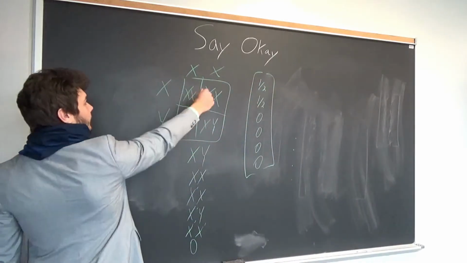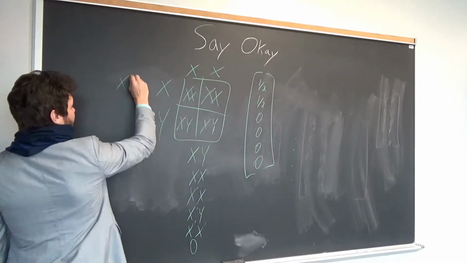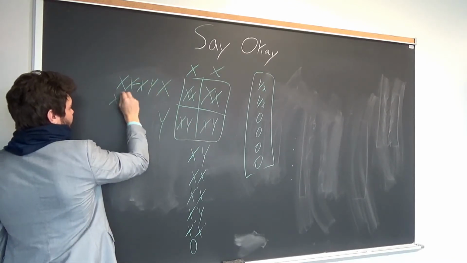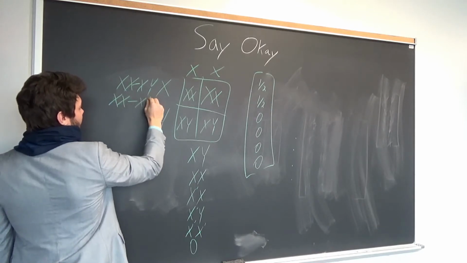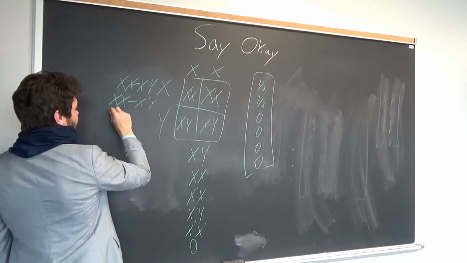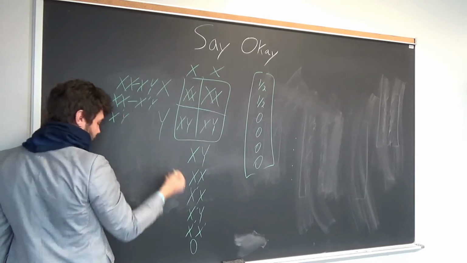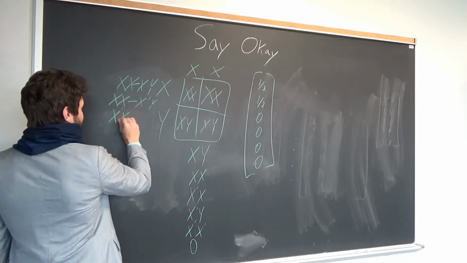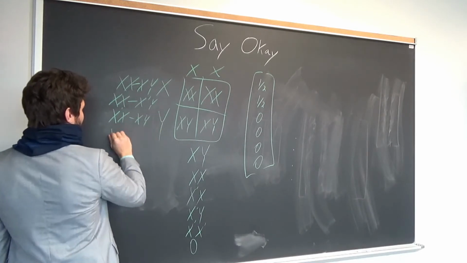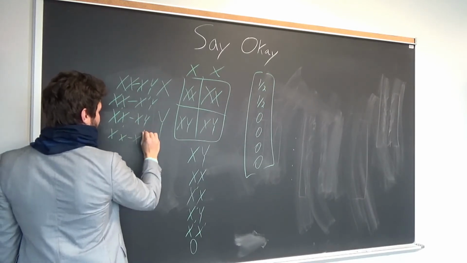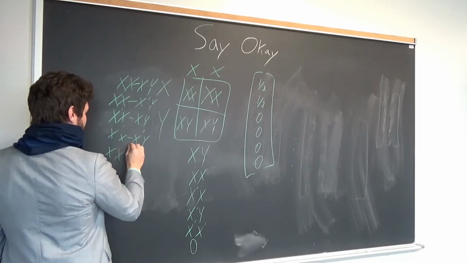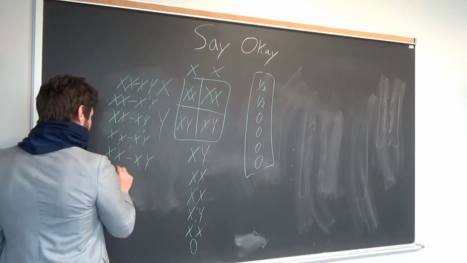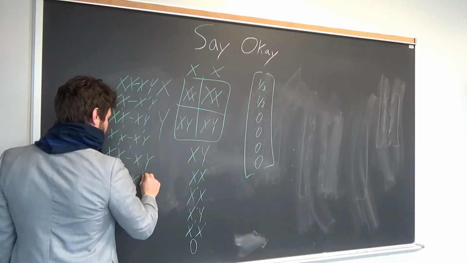Work with me here. We could have healthy male, healthy female. That's 1. Healthy female, affected male, carrier female, carrier female, healthy male, carrier female, affected male, affected female, again very rare, healthy male, affected female, affected male.